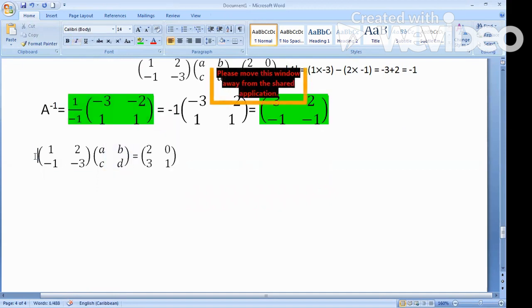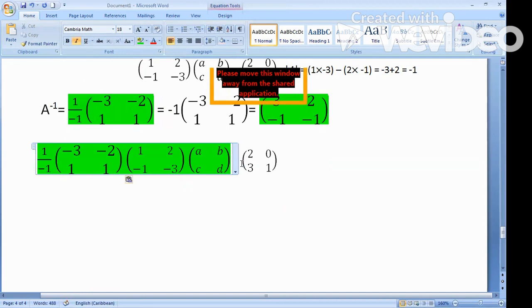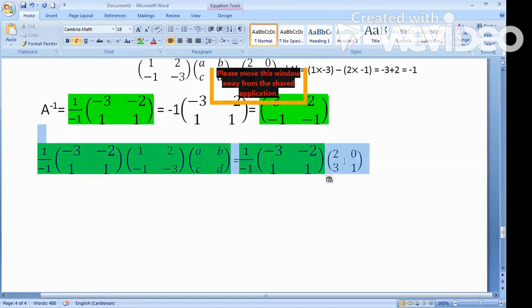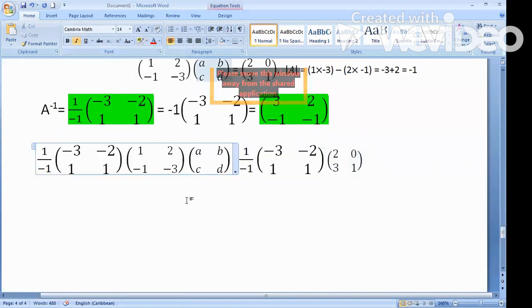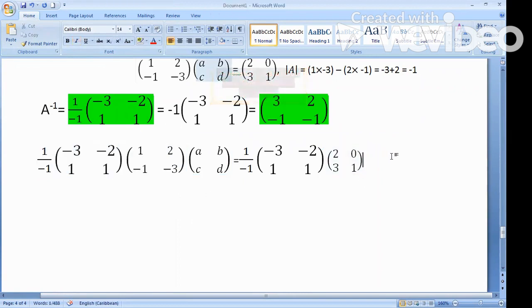So let's drop it right there, and let's drop it right there. All right. So we know that all of this is what? The identity, I.